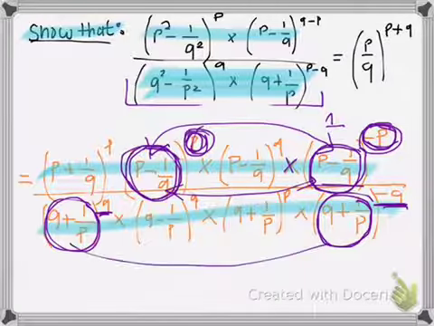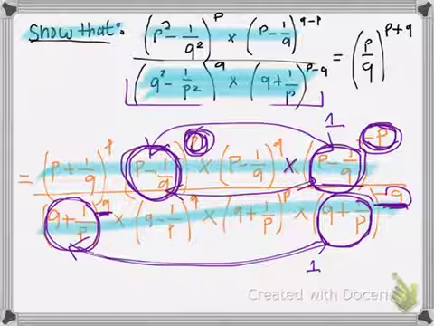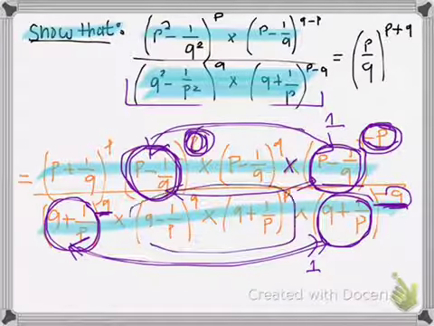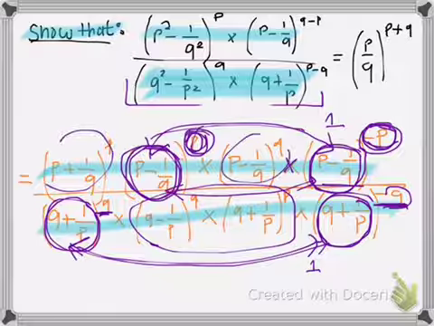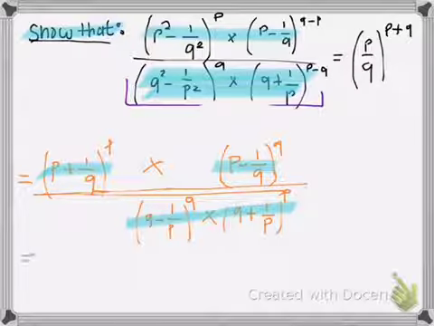So these two terms also multiply to give 1, since the powers add up to give 0. So we can get rid of these 4 terms. I've erased the portion which multiplies to give 1, and these are the remaining 4 terms.